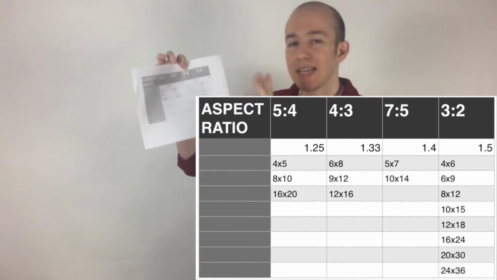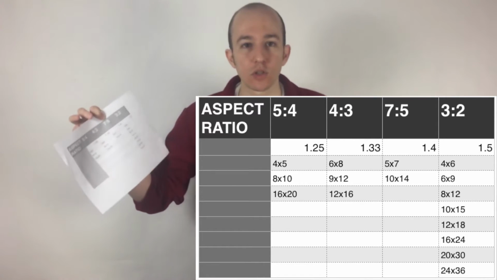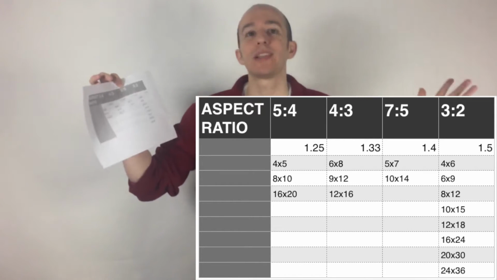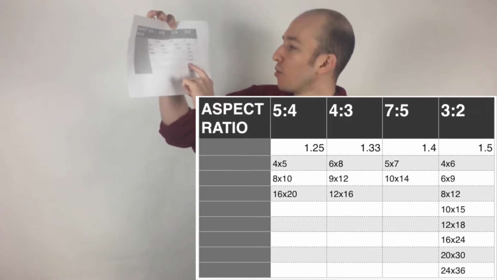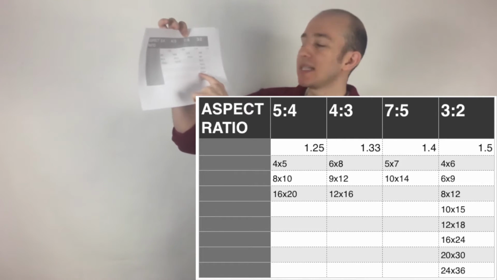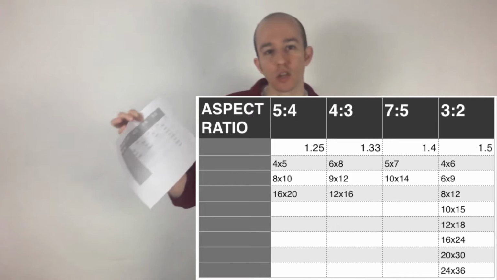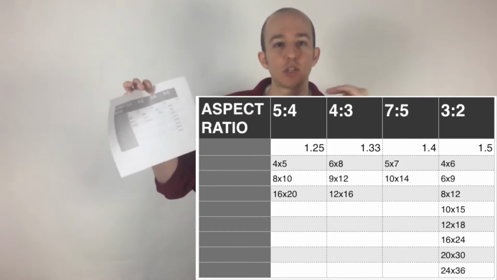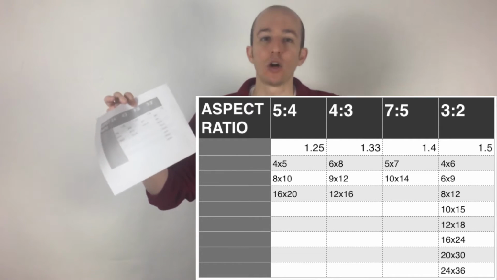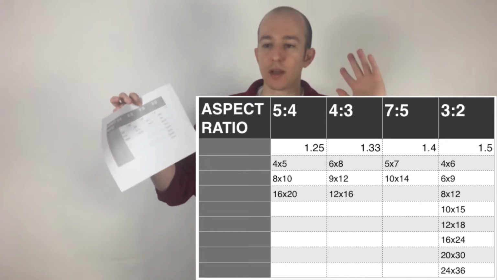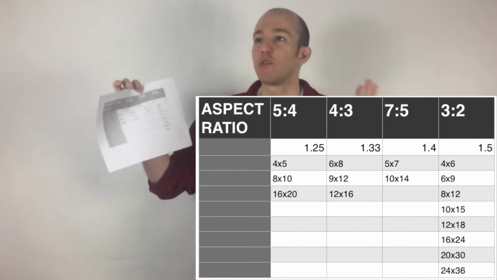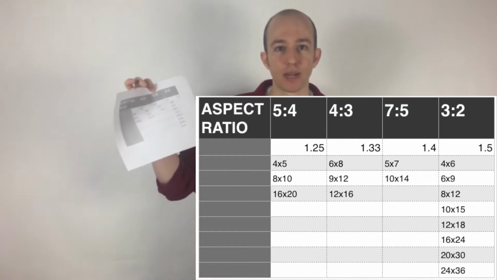But 12 by 18, because the prints for a 12 by 18 are less than $5 a print. The moment you jump from 12 by 18 to 16 by 24, the cost of the prints goes from under $5 a print at any online high quality photographic printer to $15 a print.